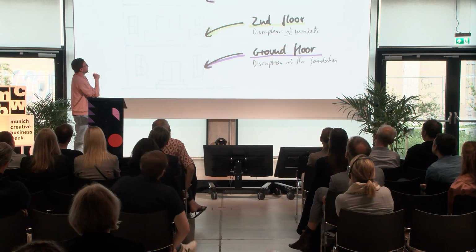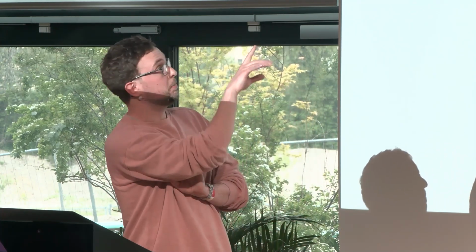And then on the third floor, you have disruption in markets. And disruption in markets basically means the overall product stays the same, but for instance, new technological possibilities allow for a very different product to take over the market. So a current example of disruption in markets is a shift from combustion engine cars to electric cars. And you would say it's still cars.